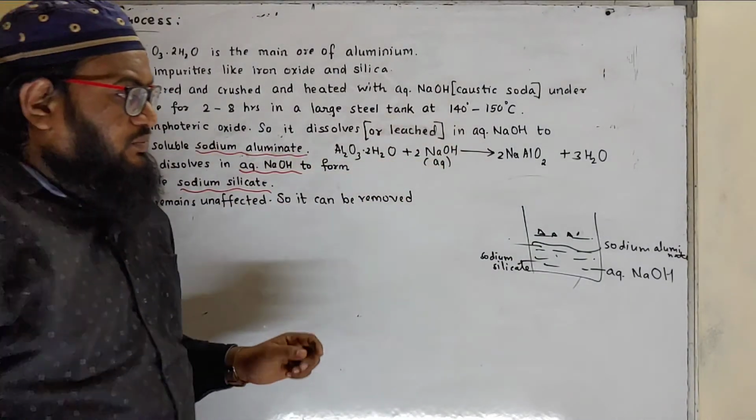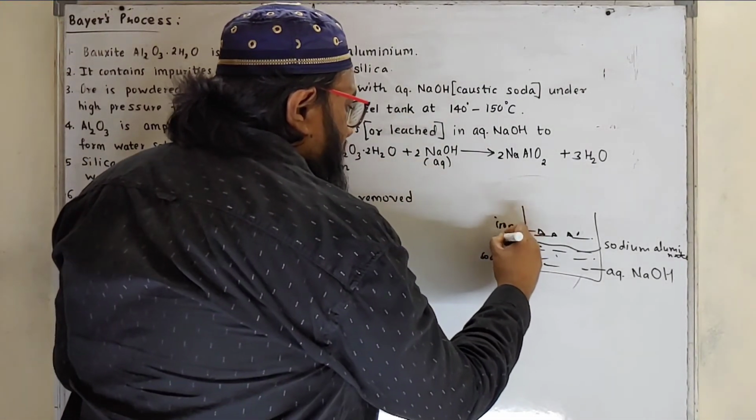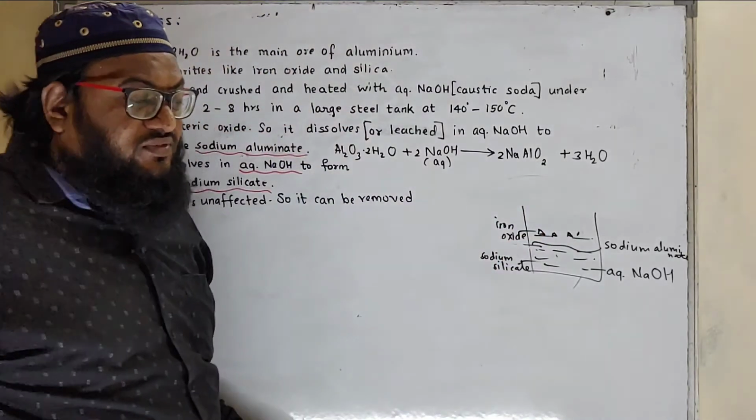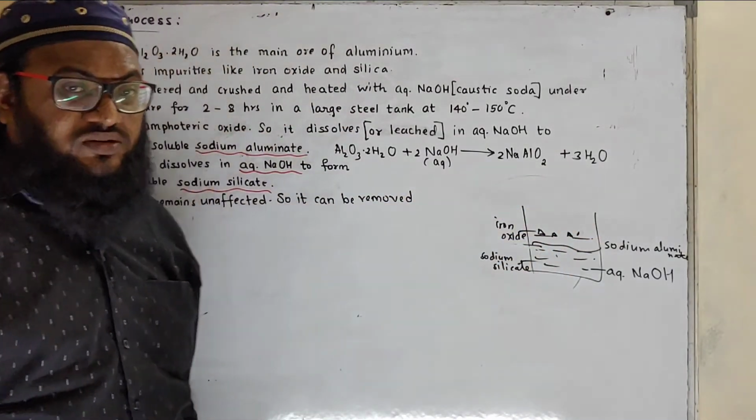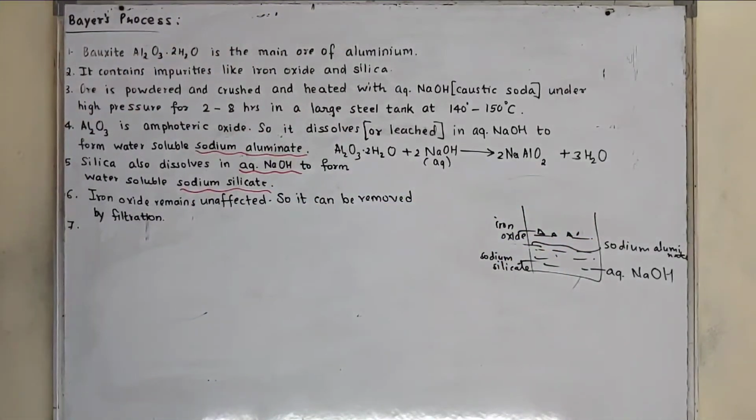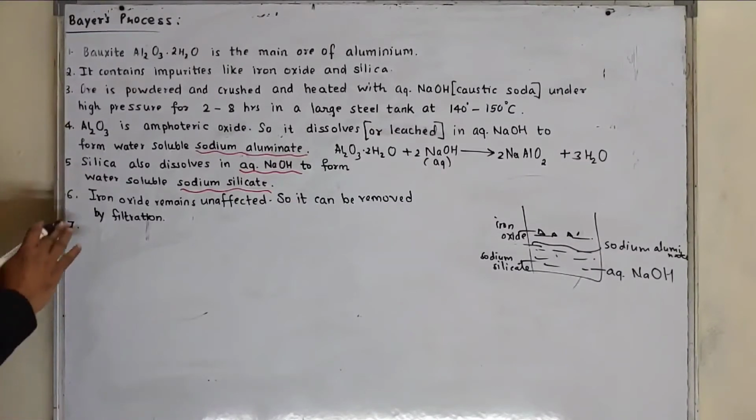So iron oxide got removed by filtration. The liquid obtained after filtration is called the filtrate. Filtrate contains sodium aluminate and sodium silicate. We are interested in sodium aluminate. So what will we do? You can write down the answer over here.